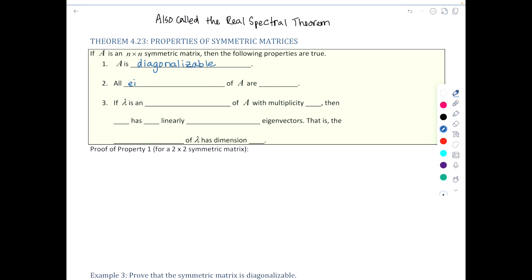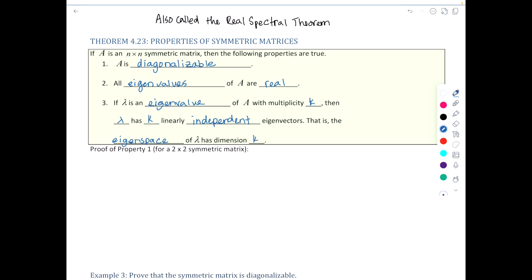All eigenvalues of A are real, which is awesome. If lambda is an eigenvalue of A with multiplicity k, then lambda has k linearly independent eigenvectors. That is, the eigenspace of lambda has dimension k.